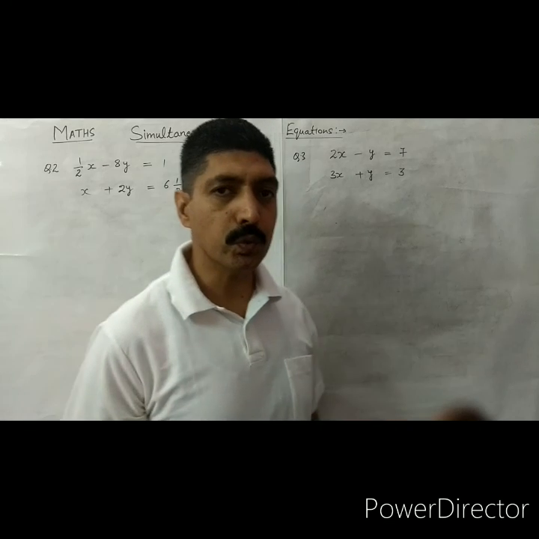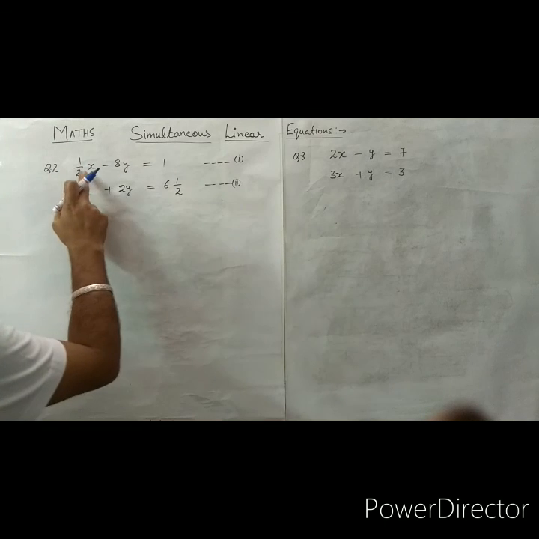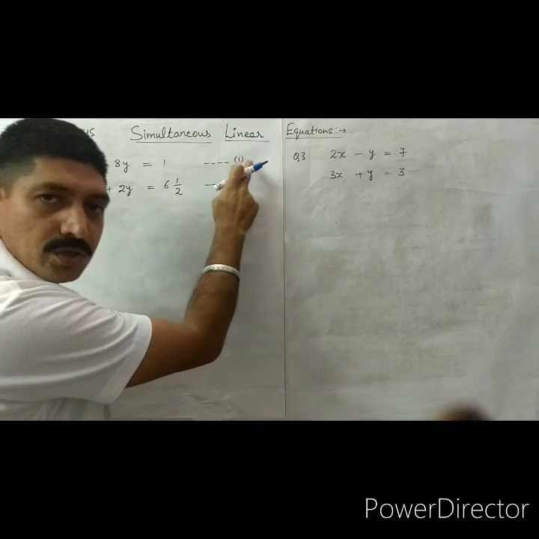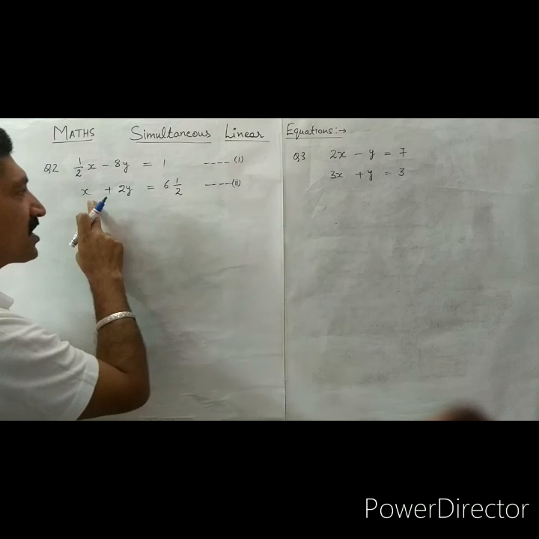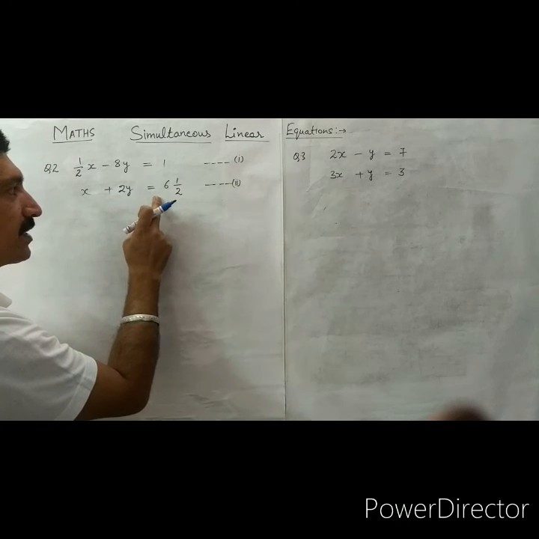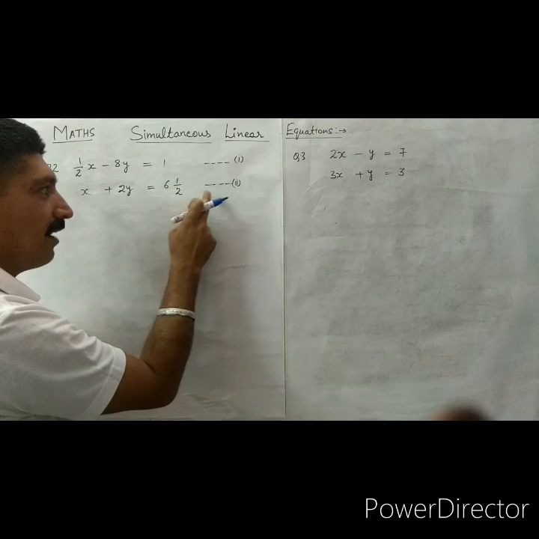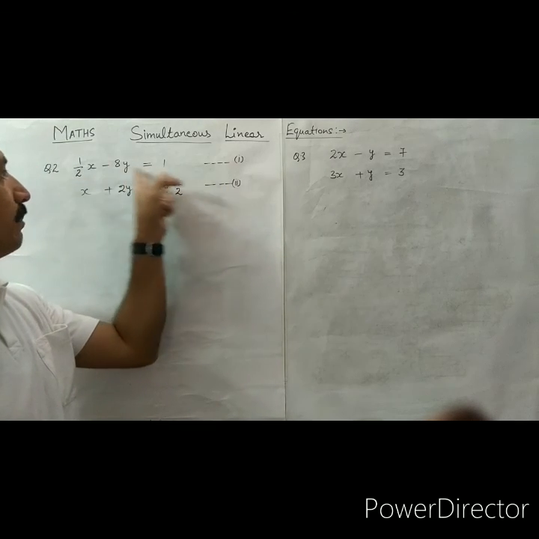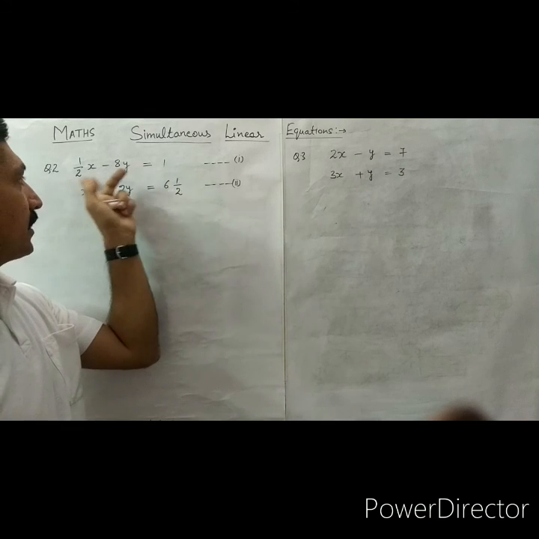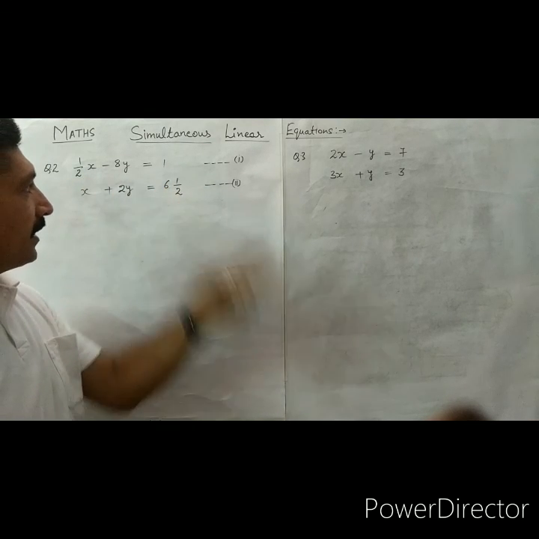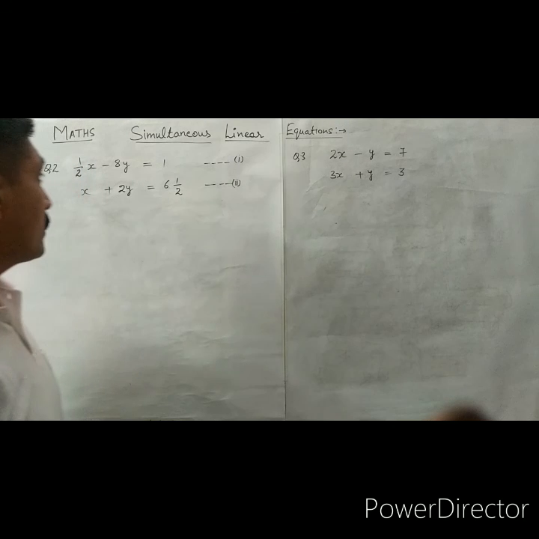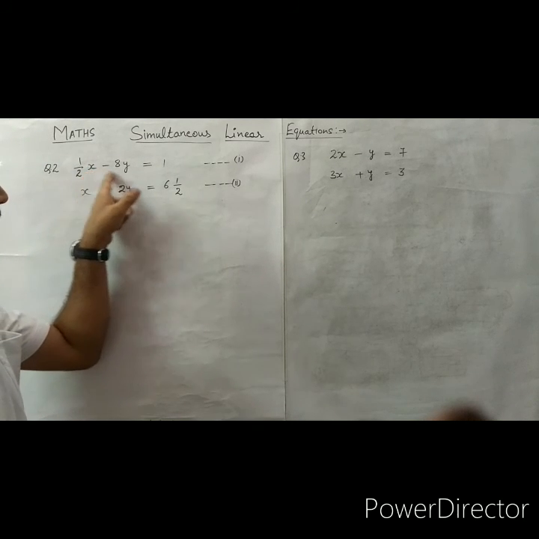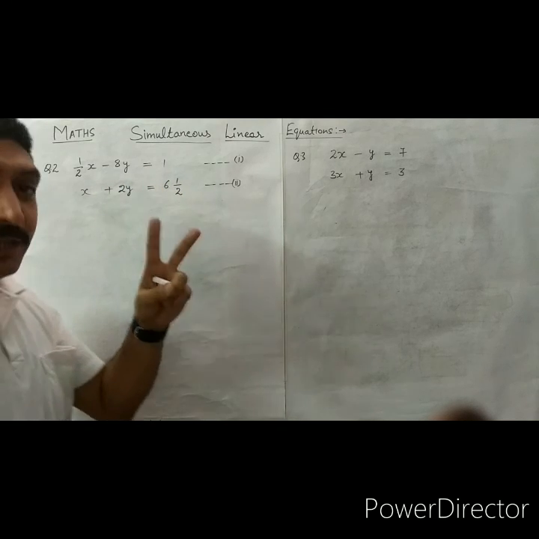Question number 2. Half of x minus 8y is equal to 1 is equation number 1, and x plus 2y is equal to 6.5 is equation number 2. So we know we can multiply or divide the equation by any constant. So here, to make its coefficient 1, we can multiply the whole equation 1 by 2.